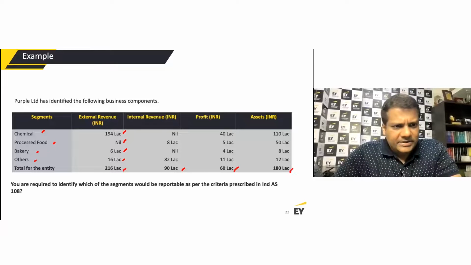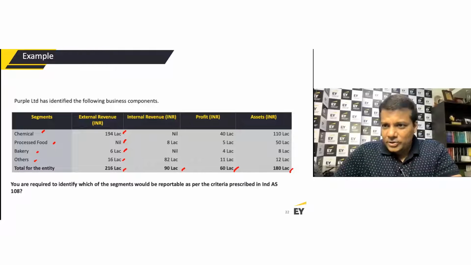You are required to identify which of the segments would be reportable as per the criteria prescribed in Ind AS 108. So what do we need to do? We need to get to 10% and we need to get to 75%: 10% of revenues, assets, or profit or loss. We need to first do that math.